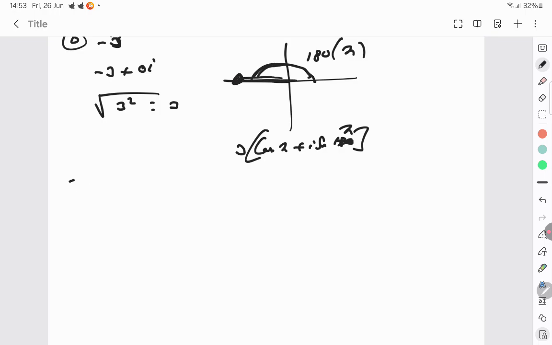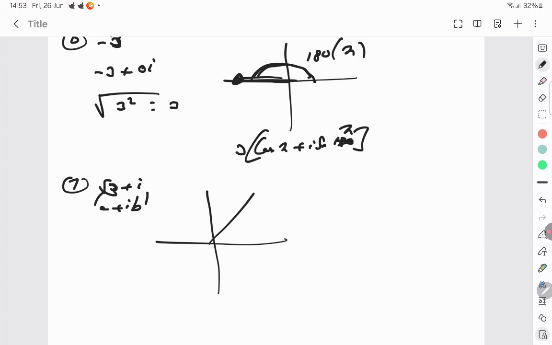So let's go to the next sum. Root 3 plus i. First quadrant. x is root 3 and y is 1, a plus ib, where a comes from the x-axis and b comes from the y-axis. And here alpha and theta are the same because it's the first quadrant. Tan alpha is b by a, 1 by root 3.